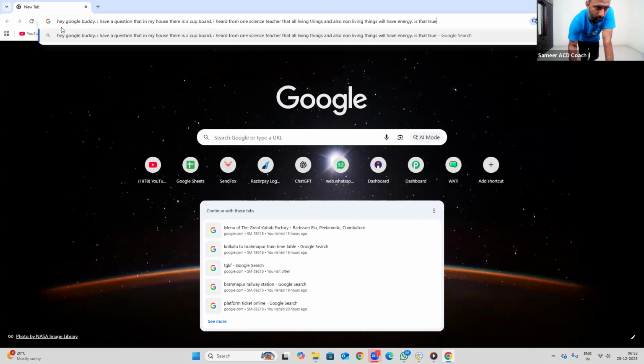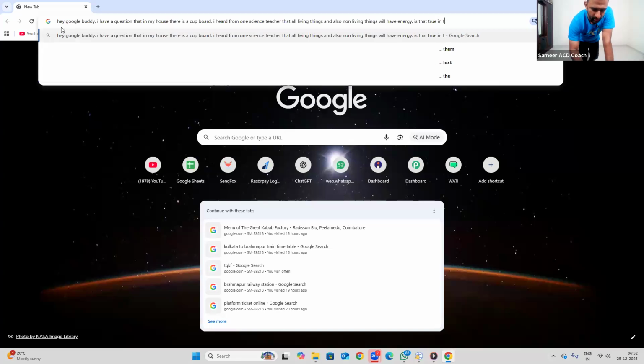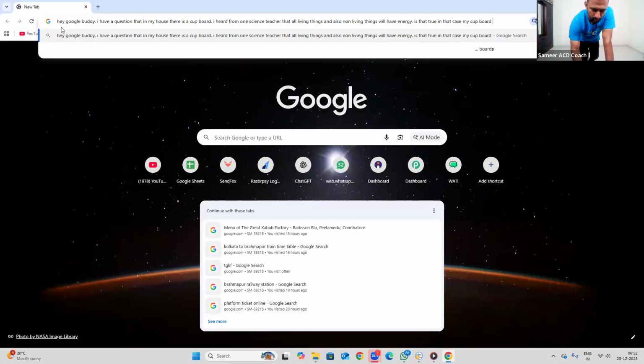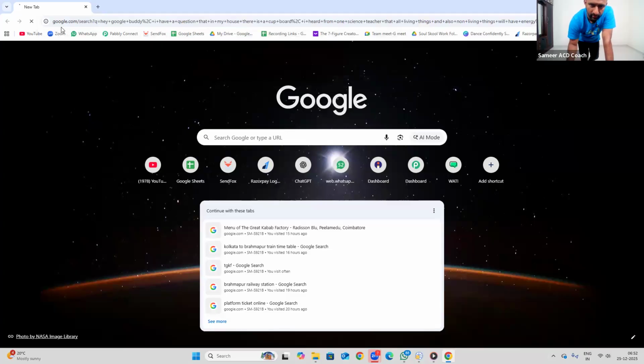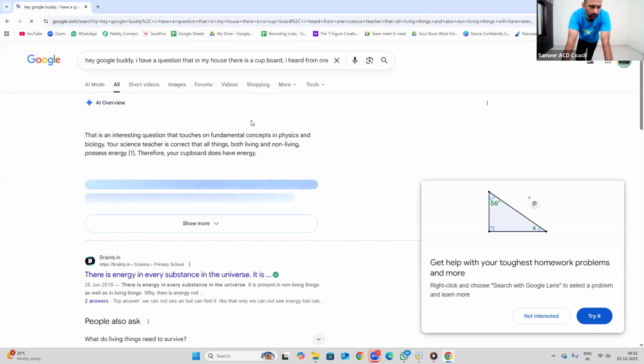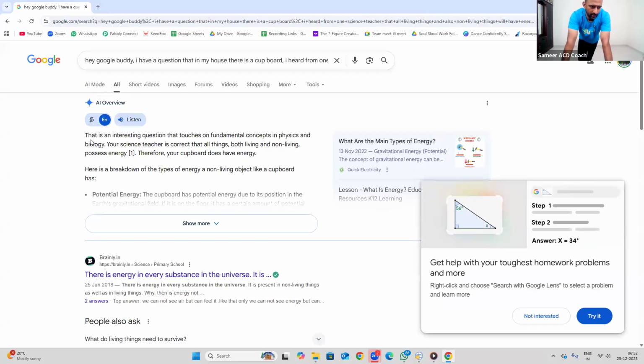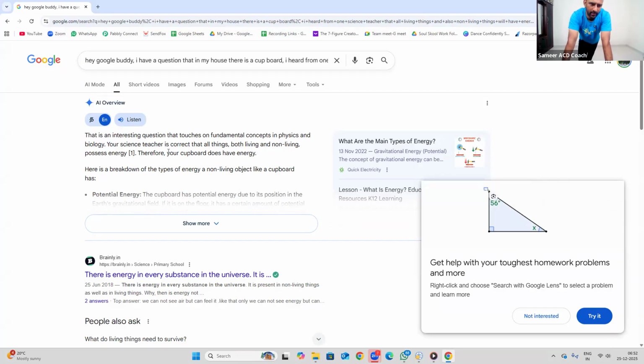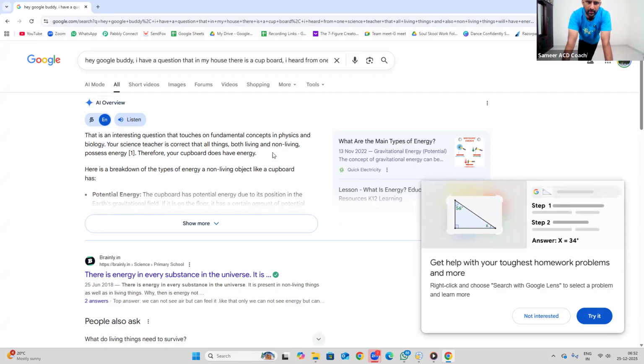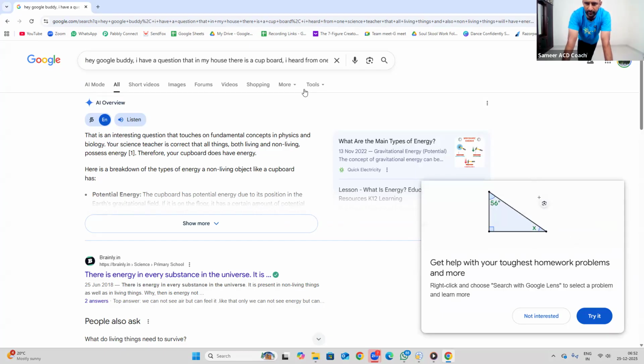Is that true? In that case, my cupboard is also having energy. Right, that is an interesting question that touches on fundamental concepts in physics and biology. Your science teacher is correct that all things, both living and non-living, possess energy. Therefore, your cupboard does have energy.